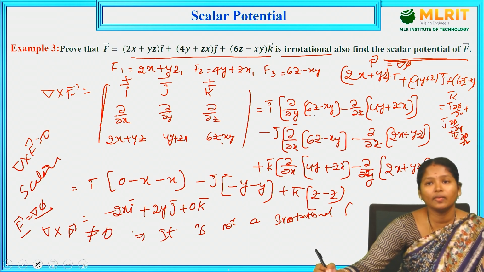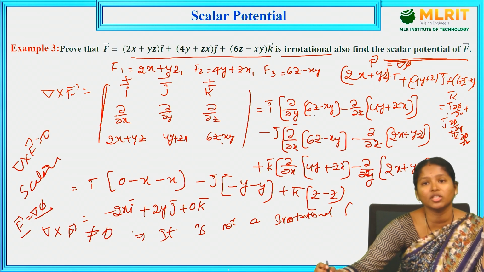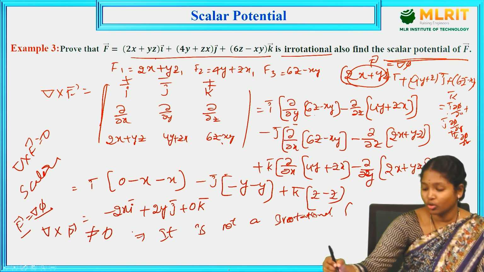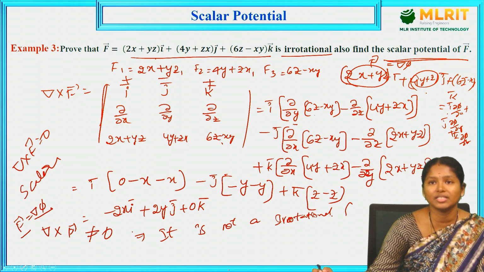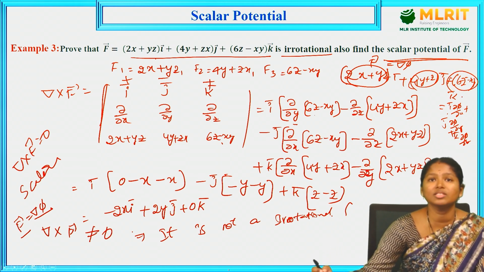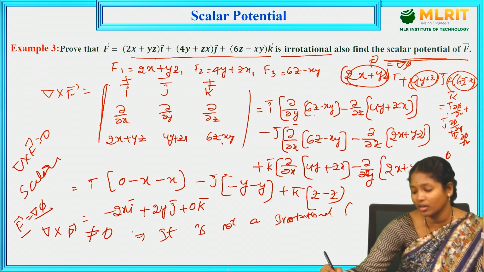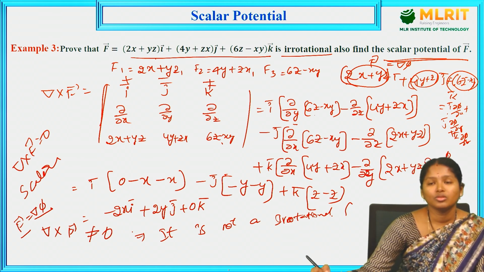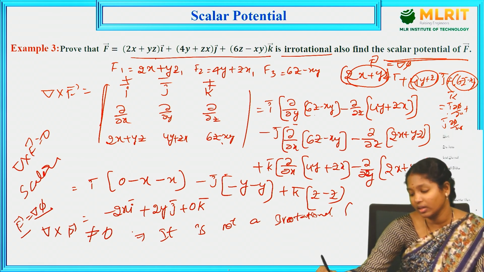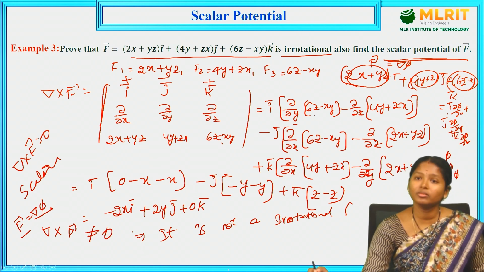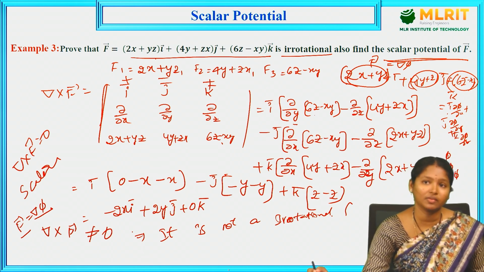So we will equate the coefficients: i bar coefficient, dou phi by dou x equals 2x plus yz; dou phi by dou y equals 4y plus z; dou phi by dou z equals 6z minus xy. Next we will integrate and get the 3 phi values. Then we will add all the phi values and get the scalar potential. In this problem we didn't get an irrotational vector, that's why I didn't explain further.